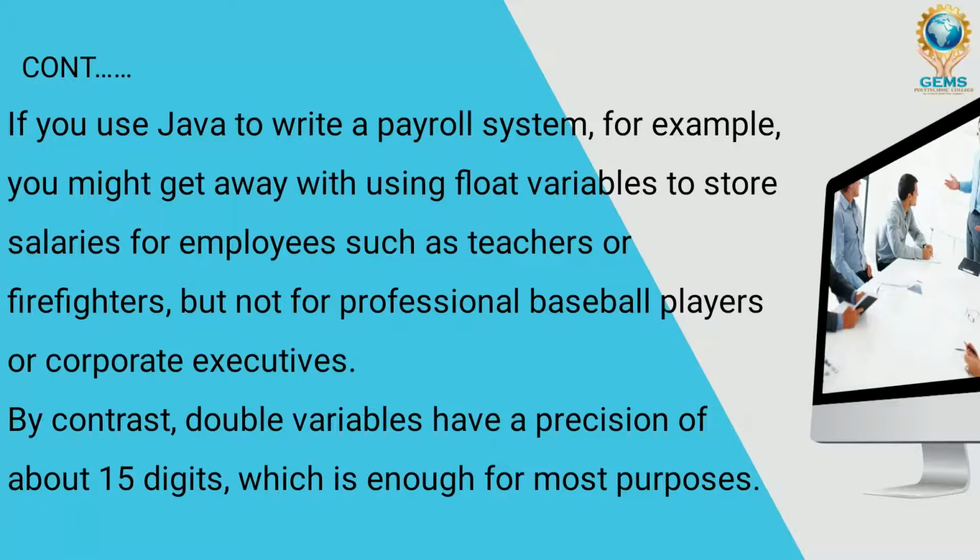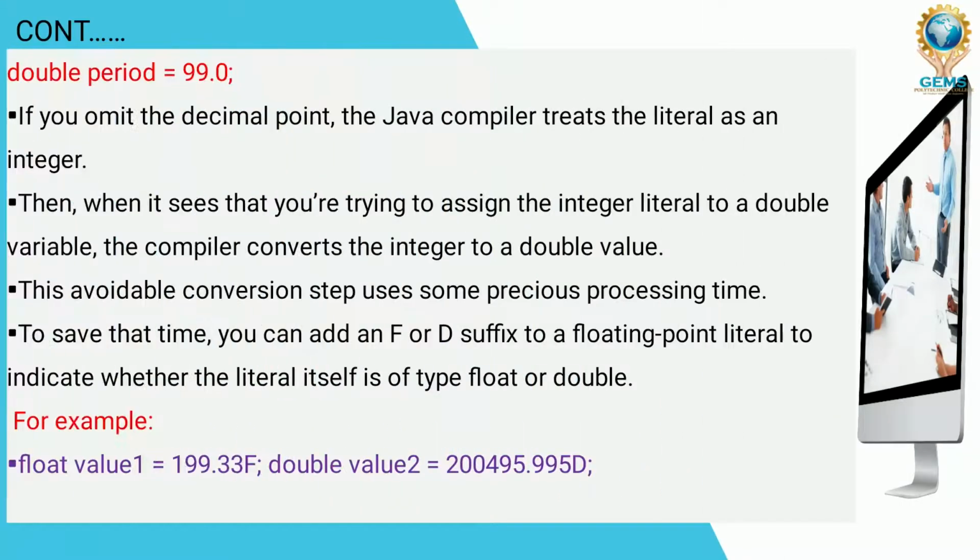So the float declaration will allow storing decimals with 6 to 7 digits after the decimal point, like 10.62345. If you want to store more values, nearly 15 digits after the decimal point, then you will declare that value as a double. You will see the example, then you will come to know clearly.